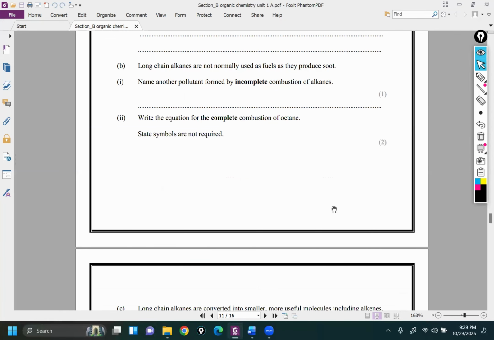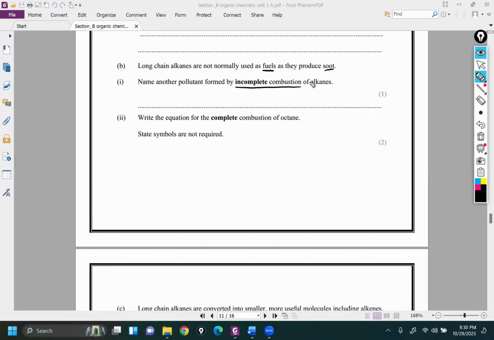Long chain alkanes are not normally used as fuel because they don't burn efficiently, and they give the product soot. They produce soot. Soot means pure carbon. Name another pollutant from incomplete combustion.